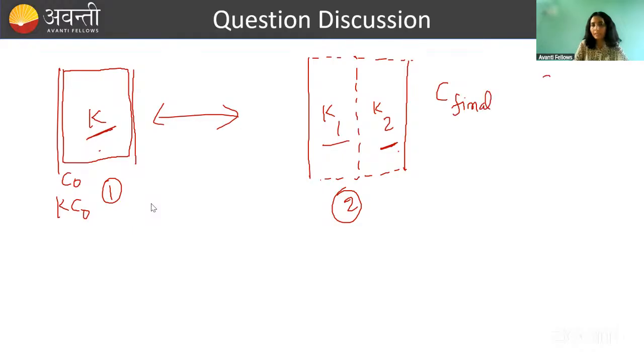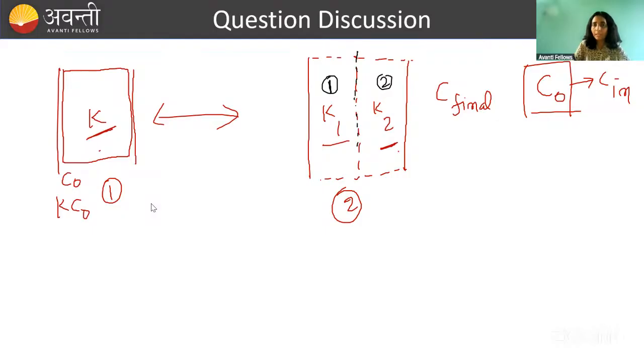If initially the value is C naught, then this is C initial. How will you go about it? Think of it like this: the space between the capacitor plates is getting divided into two regions because of the dielectric. This is region one, this is region two. Okay? So let's imagine an imaginary plate here.